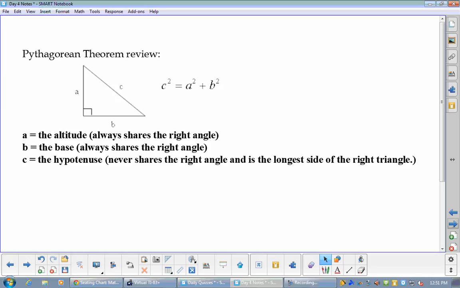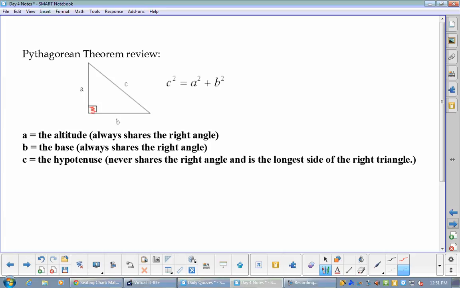Okay, you might have heard of the Pythagorean Theorem by Pythagoras. And he says if there's a right angle triangle, right, this is our right angle right here. If two sides meet at 90 degrees, those two sides are always going to be labeled a and b. Now, some people like to call a the height, but in a triangle, it's given its own name, and that is the altitude.